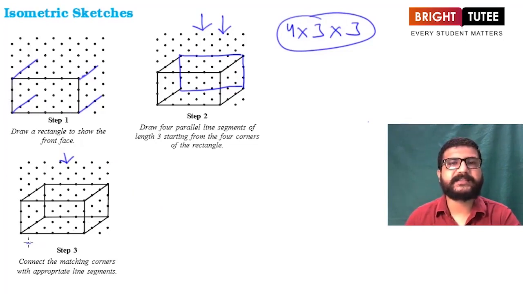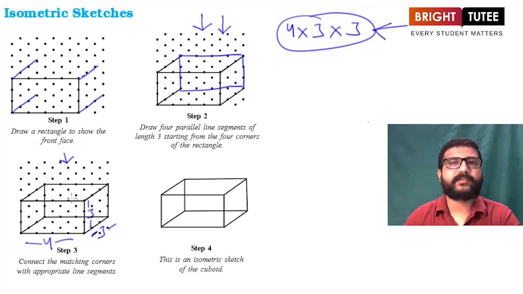Now here as we can see, this is 4 and this thing is 3, which is breadth of the cuboid, and this one is also 3, which is height of the cuboid. So the dimension of cuboid is 4 into 3 into 3. So like this we can draw a cuboid. Now from here we can just copy this sketch. So this is the isometric sketch of cuboid.